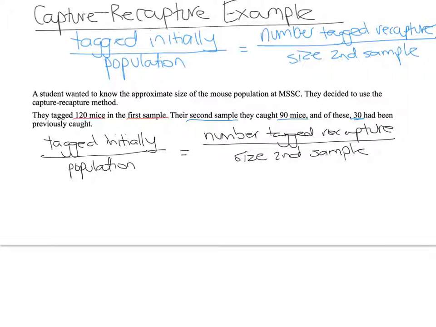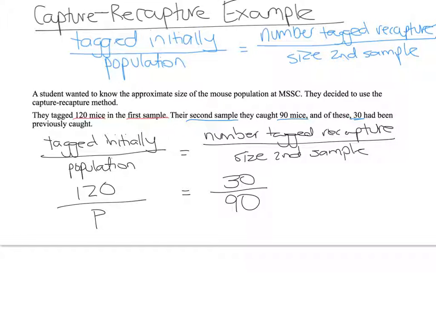Now, we can get all of this from our question. So tagged initially, 120 mice. Population, we don't know. And then over this side, number tagged recapture. So when they did the second sample, they caught 90 mice and there were 30 that had been already tagged. So the number that were already tagged in the recapture was 30. And the second sample, they caught 90 mice in total.